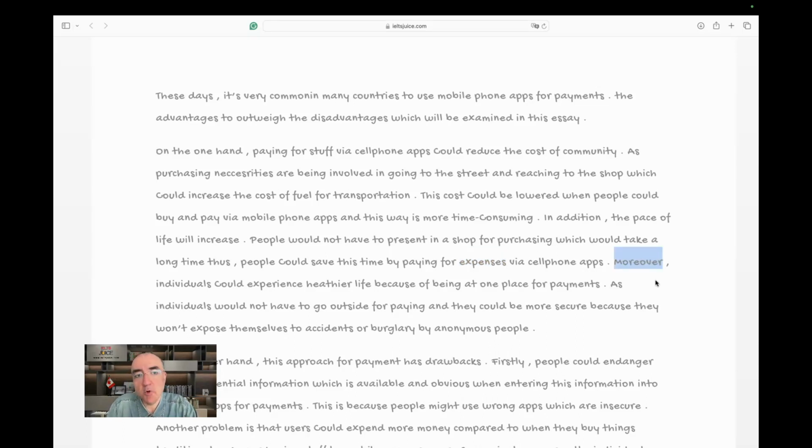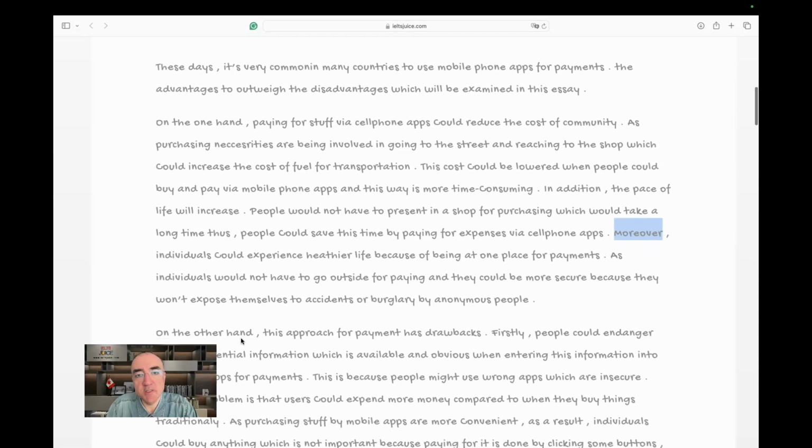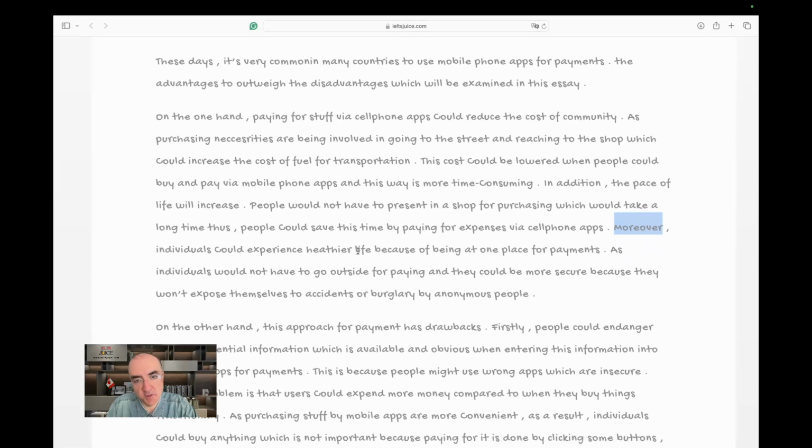Okay. Moreover, individuals could experience healthier lives, because plural, because of being at one place for payments. What is that supposed to mean? Like a party? Or like a queue? Gathering?